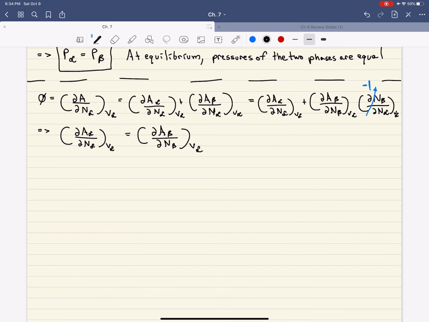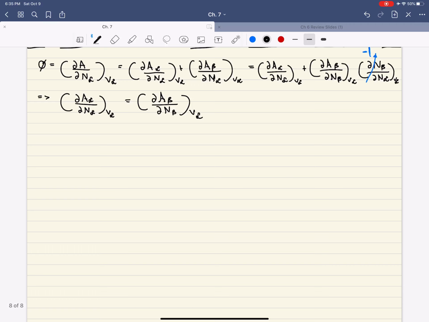But we want to dig deeper into what exactly this means. All right? And so, in contrast to what we did before, in order to get more insight into what this relationship means, what we're going to do instead is look more into the Helmholtz equation. And so what we know is that our Helmholtz energy, A, we could rewrite in terms of the molar Helmholtz energy, which would be N A squiggly.